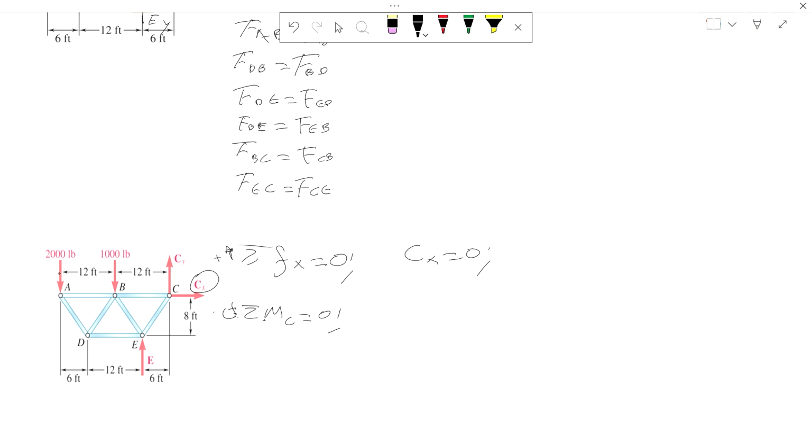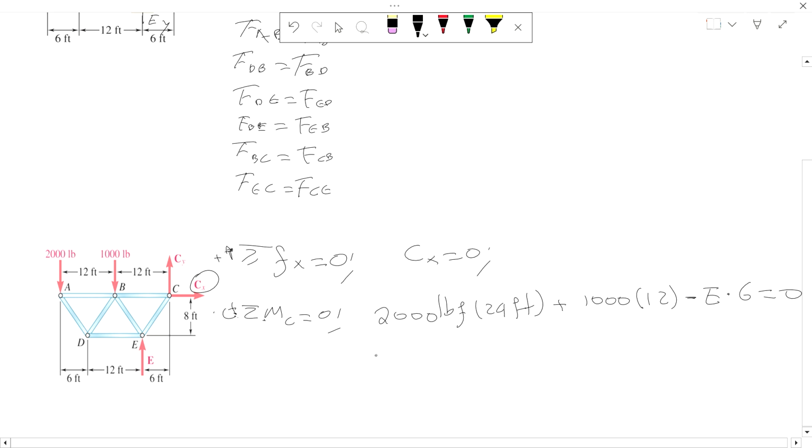A is giving a force moment that is counterclockwise, which is positive in our case; clockwise is negative. So counterclockwise we have 2,000 force times 24 feet plus 1,000, which is B, times 12 minus, because it's clockwise, E times 6 equals 0.